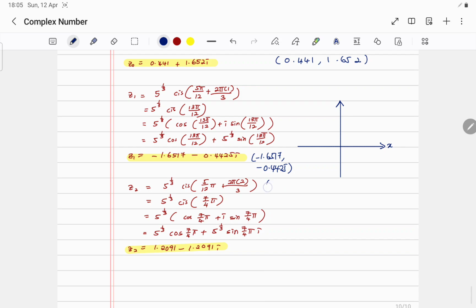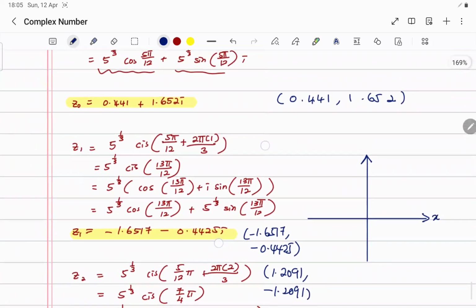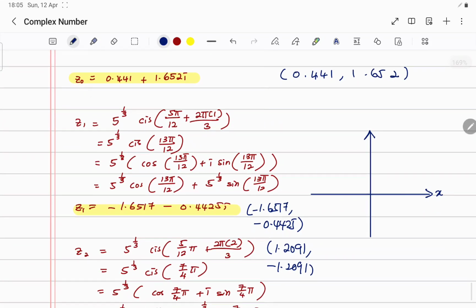Another one you have 1.2091, negative 1.2091. So you plot all of these points. Let's say here, this is 1, this is 2, negative 1, negative 2. Let's say the first one we want is 0.441, 1.6, maybe around here.